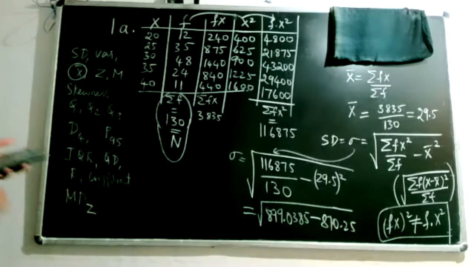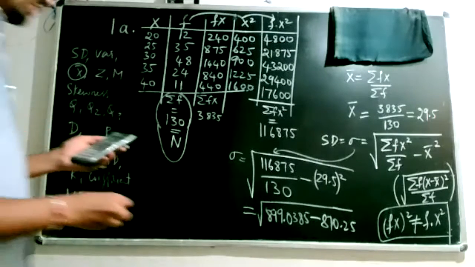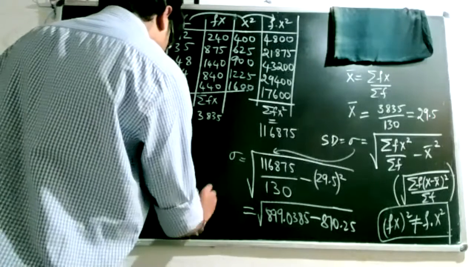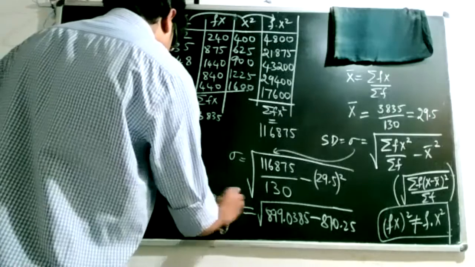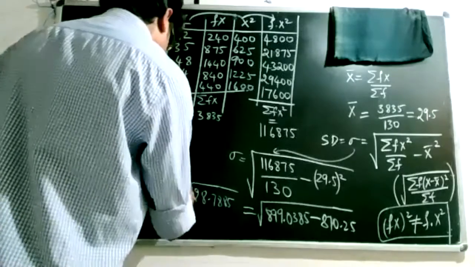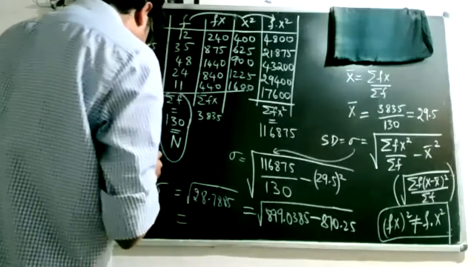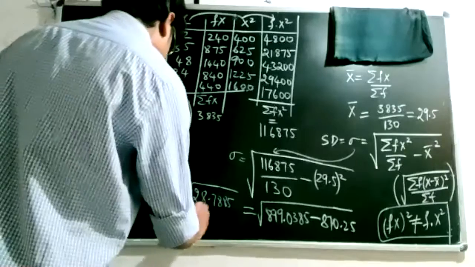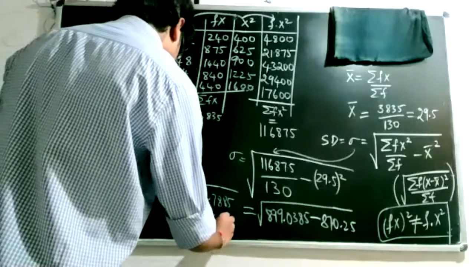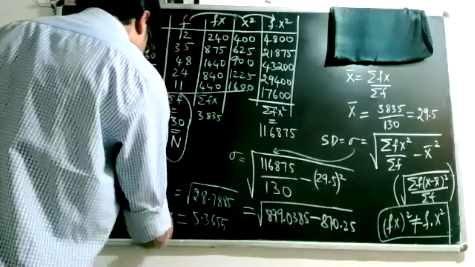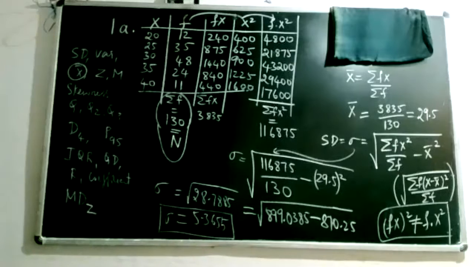So this is the quotient and the square, and the difference comes to 28.7885, and the square root of that is 5.3655. So approximating to the fourth digit, this is our standard deviation.